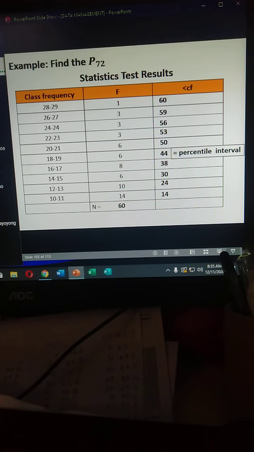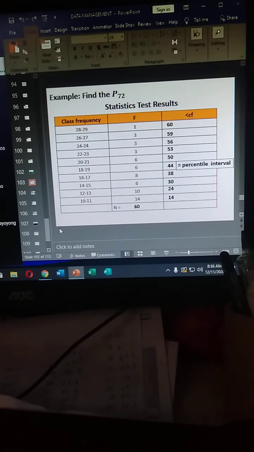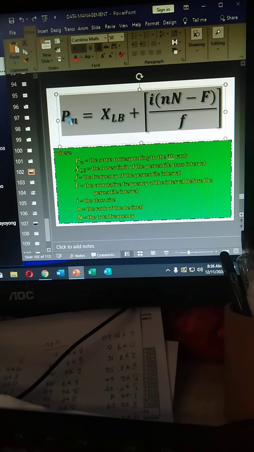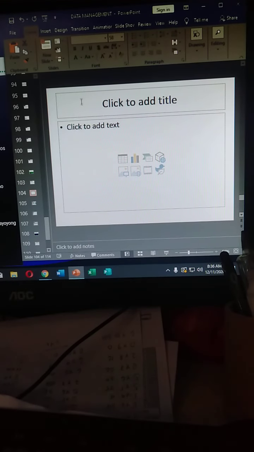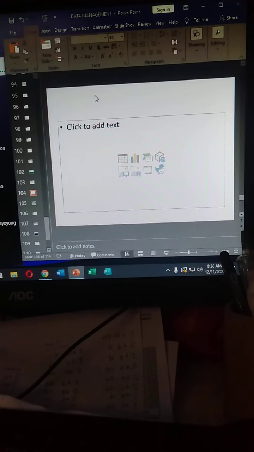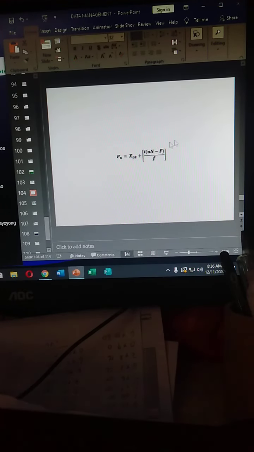Okay, dyan lang tayo mag-focus. Wala nang iba. Okay, ito yung focus natin. Back to the formula. So, I will copy the formula. Ayan. Ito yung formula natin.